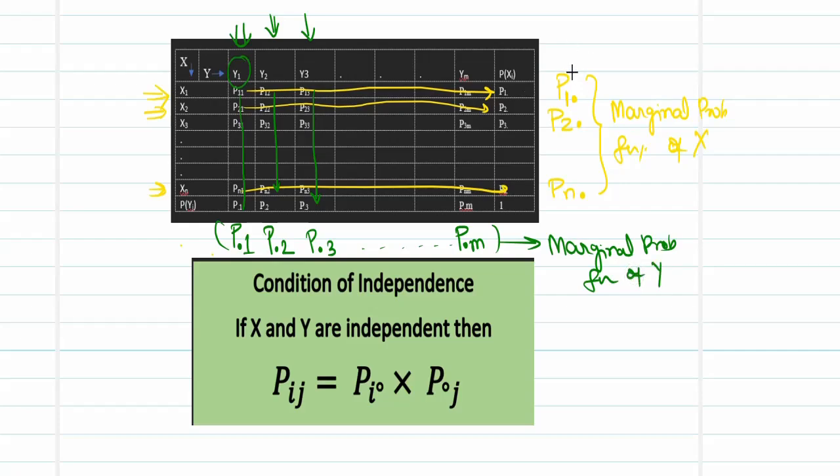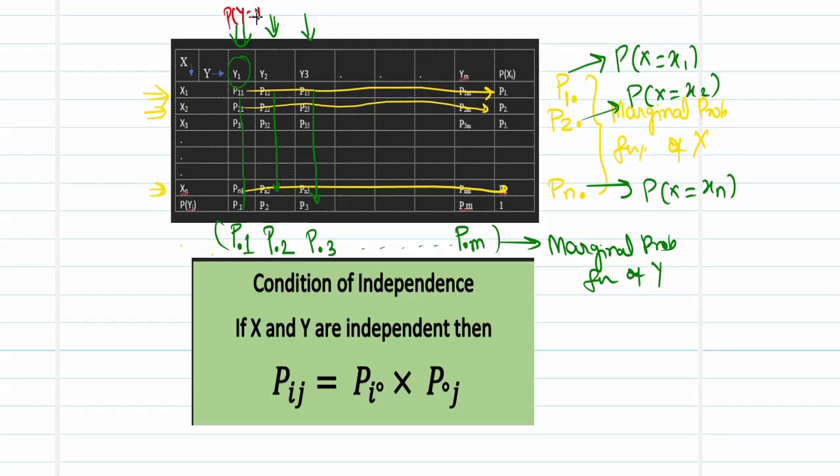Now this first quantity is defined as probability of x equal to x1. The second quantity is defined as probability of x equal to x2. The last one is defined as probability of x equal to xn. Similarly, what can we say about the quantity over here? This point is called probability of y equal to y1.